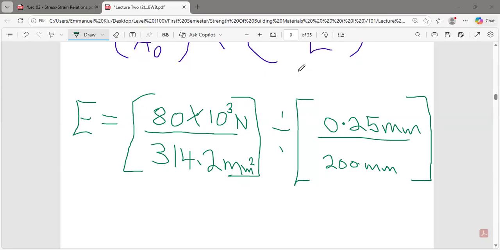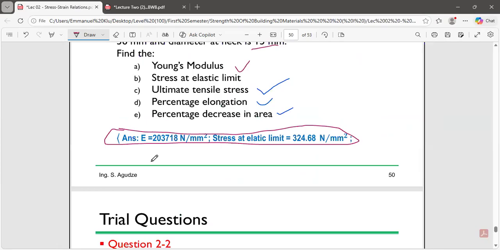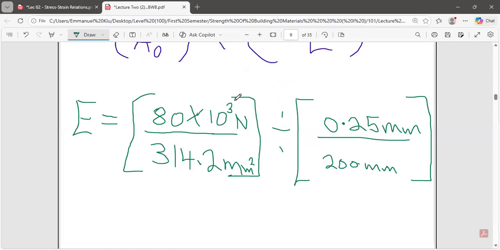So at the end of the day, I'm getting 203... Okay, so that is it.